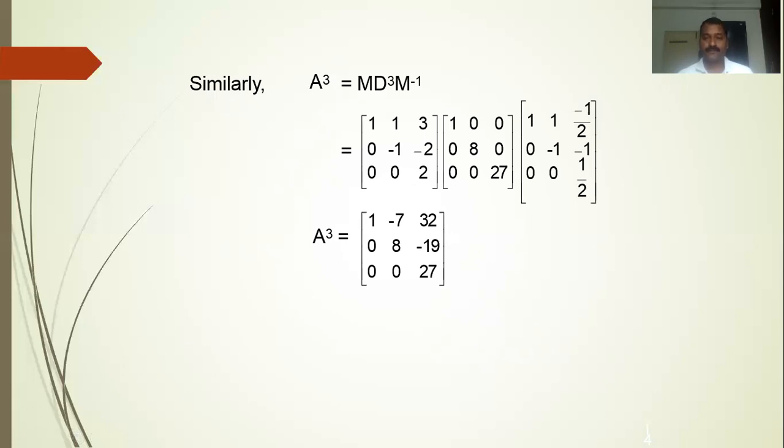Right? Now, the product of these three gives A cube equal to [1, -7, 32; ...]. That's how we calculate A cube. So what we have discussed is how to diagonalize a matrix, and making use of that diagonal matrix, how to find the powers of a matrix A.